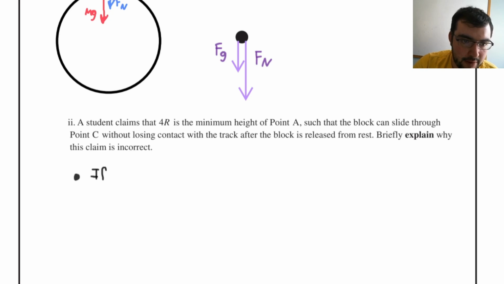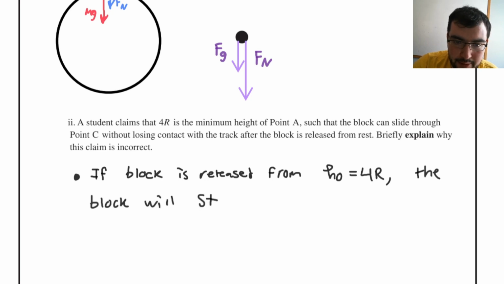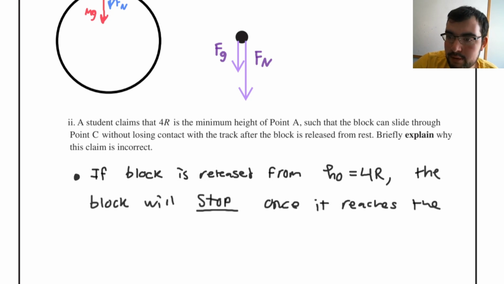So if the block is released from 4r, the block will stop when it reaches the top of the loop, meaning it won't loop the loop.